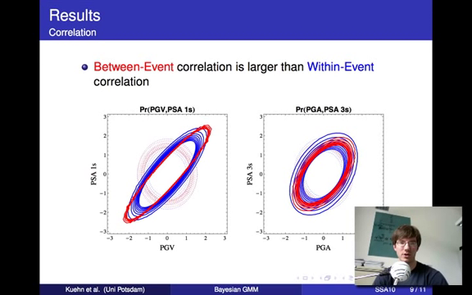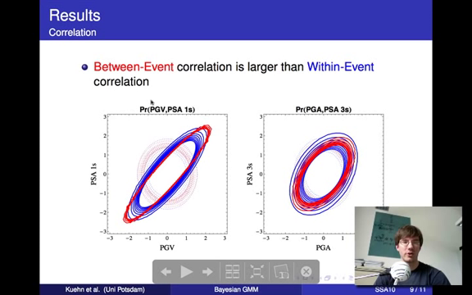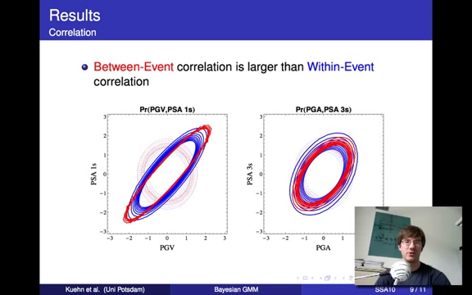And here we've plotted the probability distribution of PGV and PSA at 1 second. We've used the mean of the posterior distribution for their respective covariances, and as you can see, it's very different from an independent distribution.